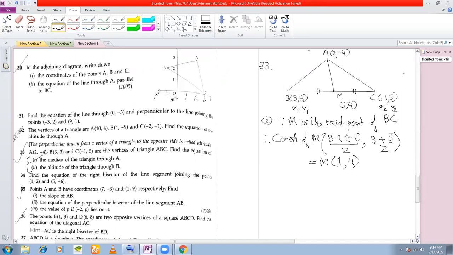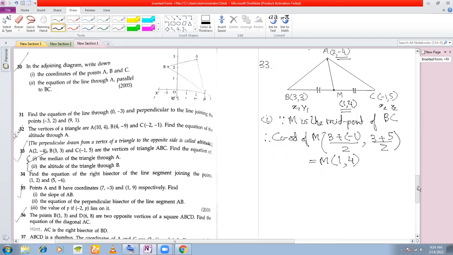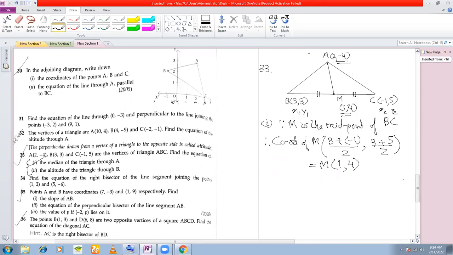Now what should be the equation of the median AM? You know 2 points on this straight line, you have point A and you have the point M. So what form should you use? You're going to use 2-point form to find the equation of the median AM. So here A is (2, -4) and M is (1, 4).